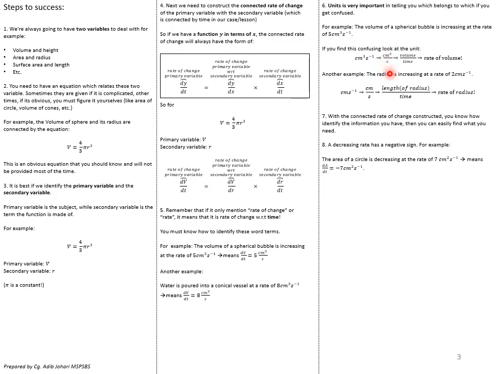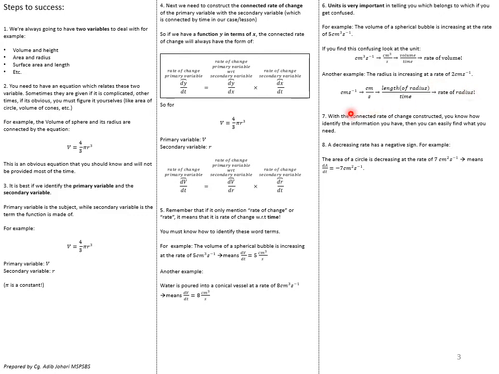So cm cube is a unit of volume, second is a unit for time, so this is rate of volume. Another example, cm s to the power of minus 1, which is centimeter per second. Centimeter is a unit for length, for example radius, it can be the length of height or whatever, and s again is time, so this is rate of radius.